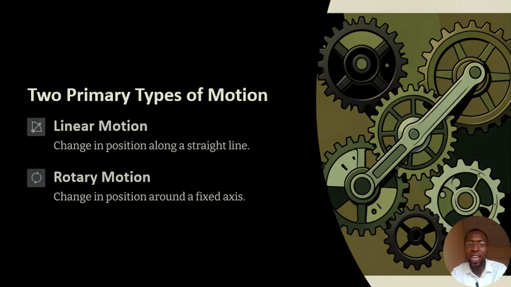So whenever there is a change in the position of an object along a straight line, then that motion is tagged linear motion. On the other hand, if there is a change in position around the fixed axis, then we refer to that kind of motion as rotary motion. These type of motion are very, very key in mechanical system.